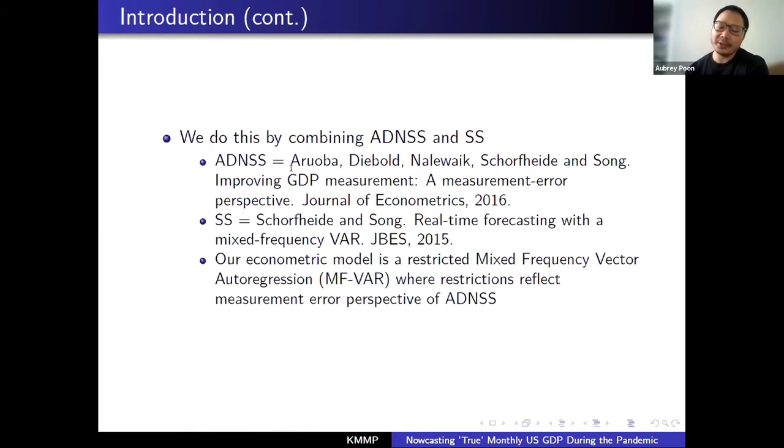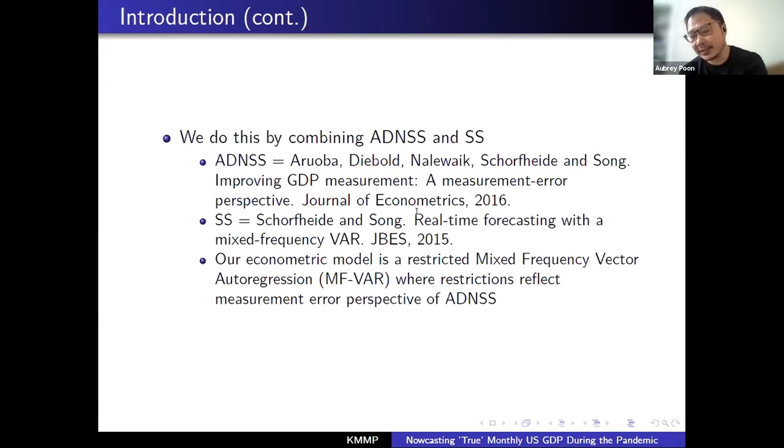However, as I mentioned in the beginning slide, we want to nowcast monthly true GDP estimates. So we need some sort of mixed frequency method. To produce monthly true GDP estimates, we use the mixed frequency methods of Schorfheide and Song, the JBES 2015 paper.